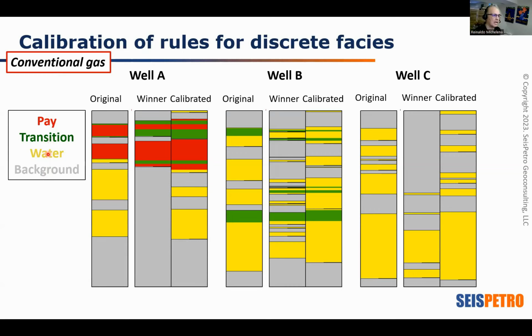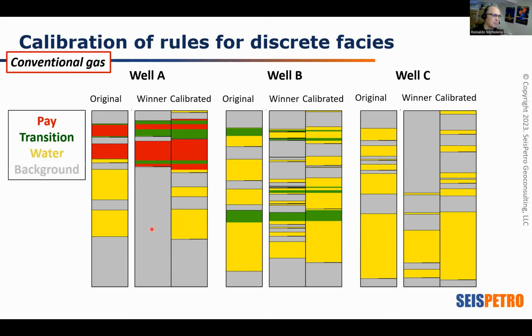In each of these wells, we have 3 tracks. The first track is the original facies, and the other 2 are discrete facies generated from the probabilities using different methods. Here, when we say the winner, we pick the largest probability and simply assign that to the facies at that particular depth. What we see is that even though we agree reasonably well with respect to the facies in the upper part, we are missing the water facies here.